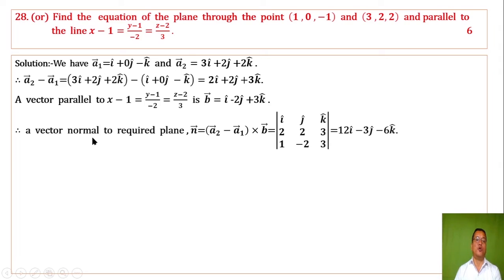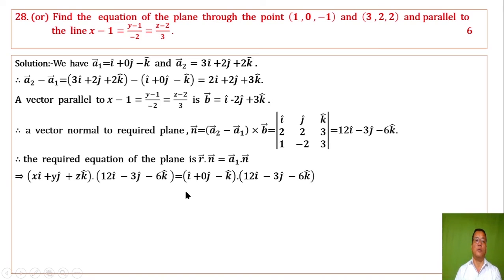Therefore, a vector normal to the required plane is n vector equal to A2 minus A1 cross B vector. Using this determinant and expanding, we have 12i minus 3j minus 6k. Therefore, the required equation of the plane is r vector dot n vector equal to A1 vector dot n vector. Putting their respective values, we have this: 4x minus y minus 2z equal to 6.